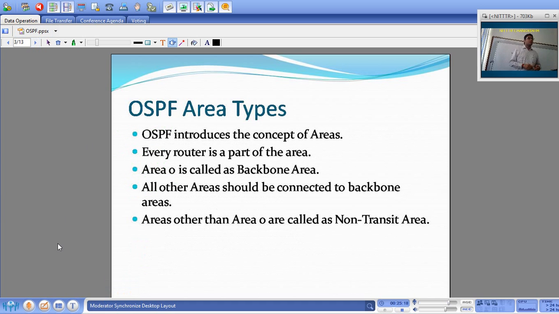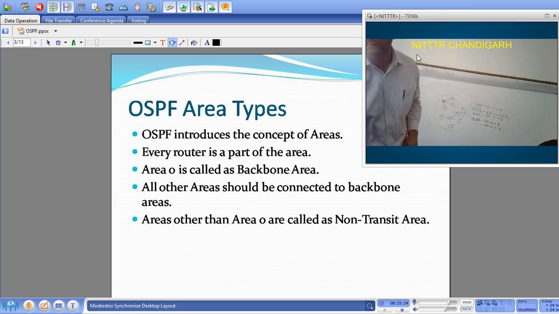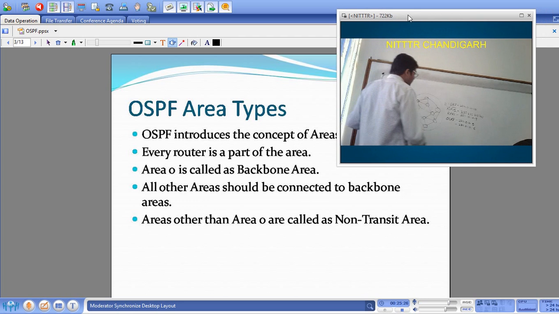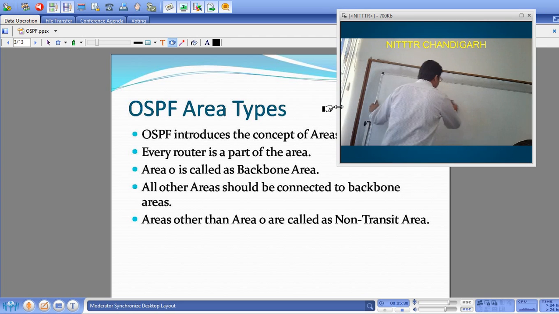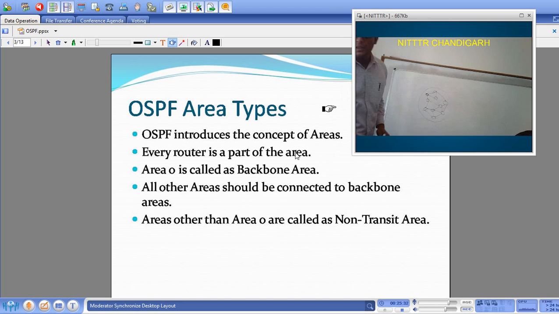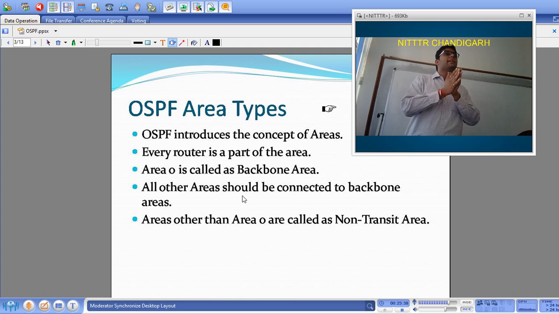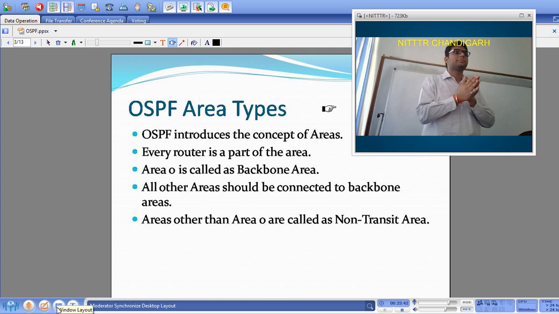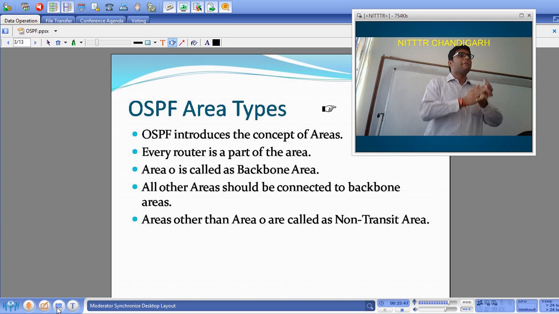OSPF area types. OSPF introduces the concept of areas. Every router in your OSPF is part of an area, with area 0 being the backbone area. What is that? Backbone area.